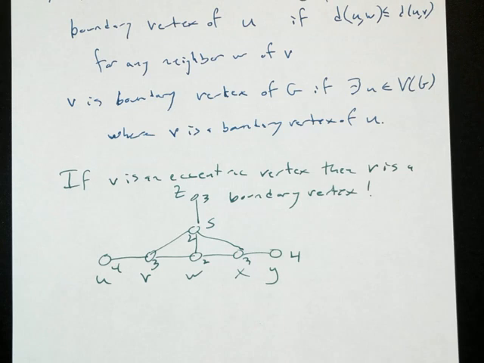Moving to a neighbor didn't take you any further away. You're on the boundary. W is not a peripheral vertex. It's not an eccentric vertex, but it is a boundary vertex. There are even more vertices in the set of boundary vertices. Periphery, eccentric, boundary.